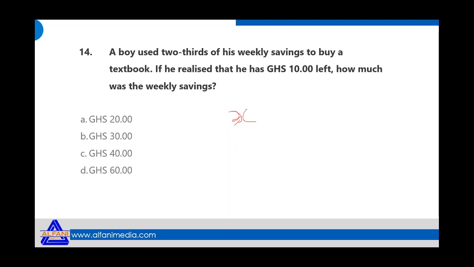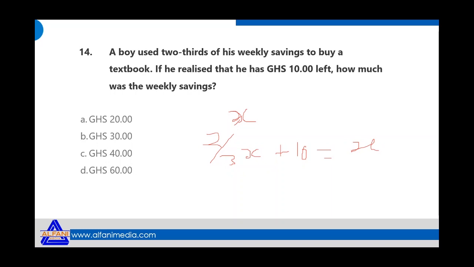So what I'm going to do is form an equation from this. So 2/3 of this weekly savings plus the balance he's left with should give me his total savings, which is x. That is all that it means.